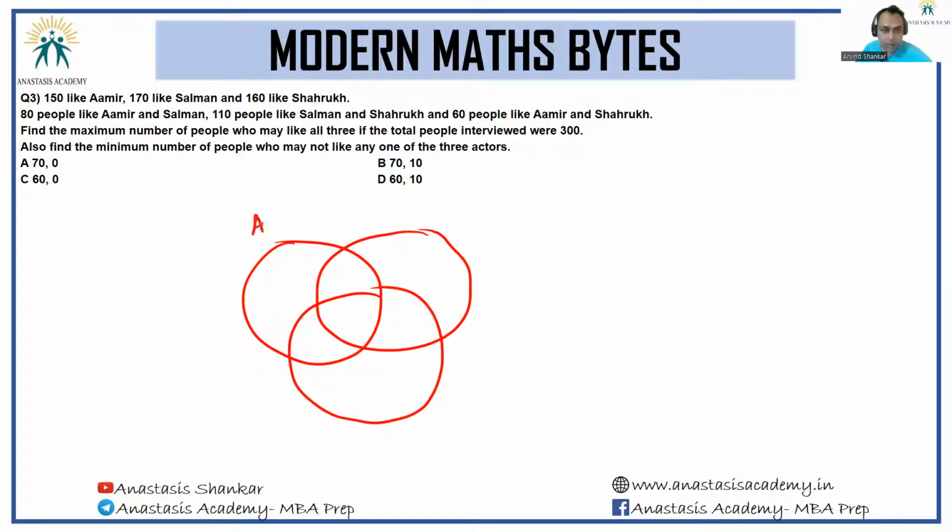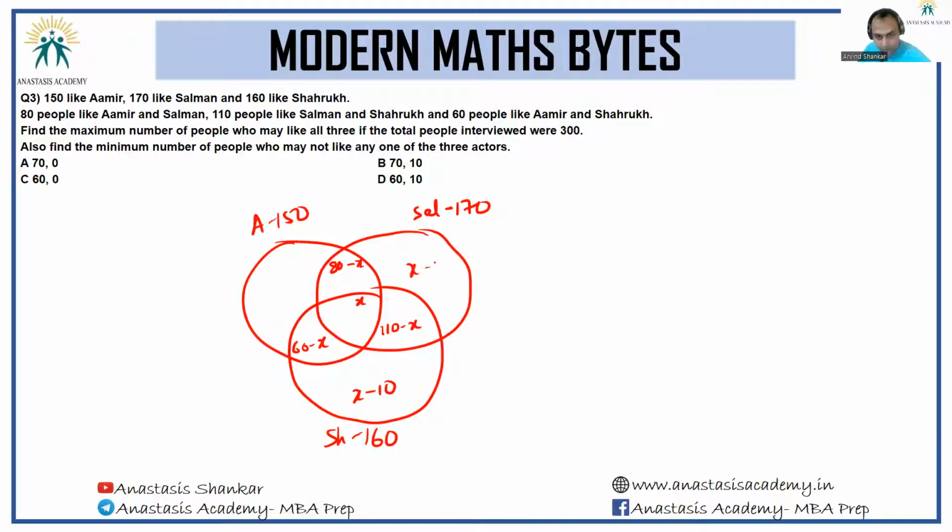So I have Aamir at 150, Salman at 170, and Shahrukh at 160. All 3 at X. So this is 80 minus X. And this is 110 like Salman and Shahrukh. So this is 110 minus X. This is 60 minus X. This region here is X minus 10.